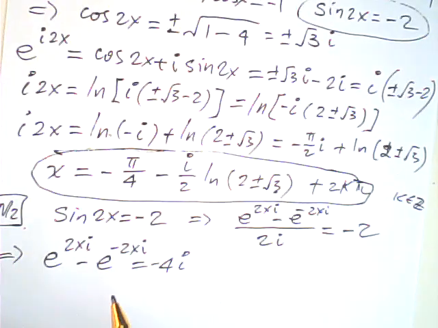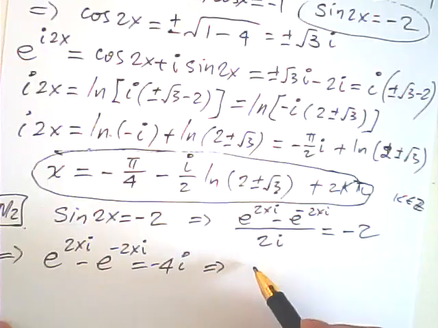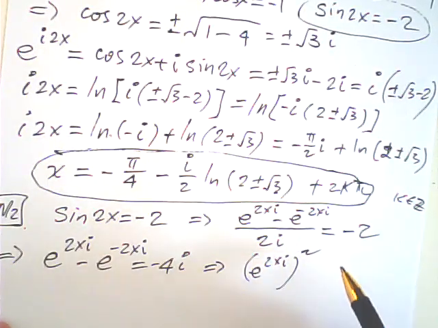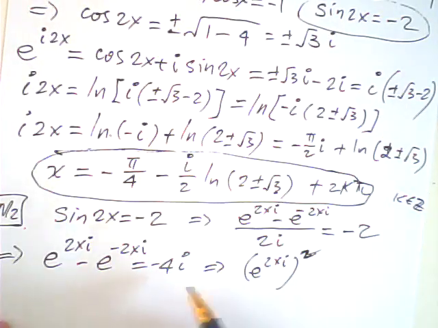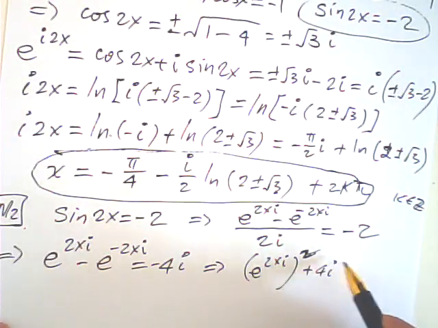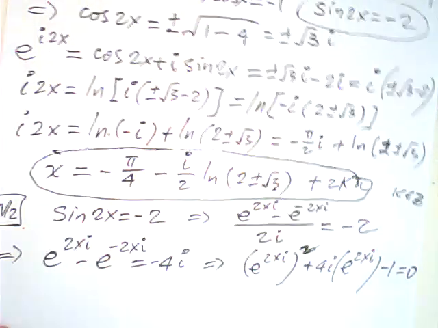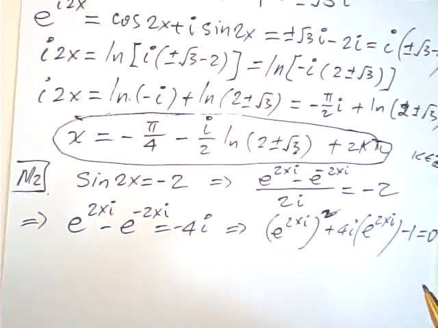Then I multiply both sides by e to the 2xi, which means that (e to the 2xi) squared plus 4i e to the 2xi minus 1 equals 0. Both sides multiplied by e to the positive 2xi.